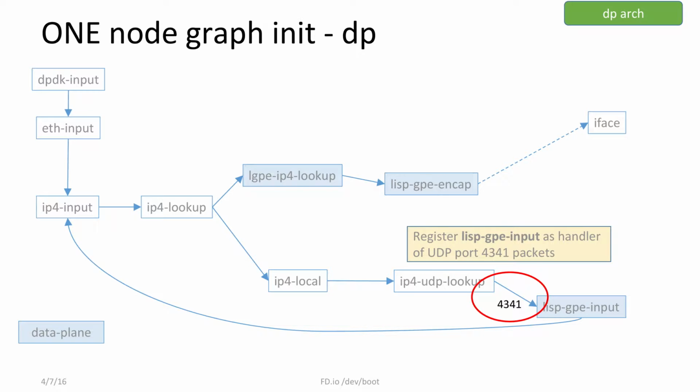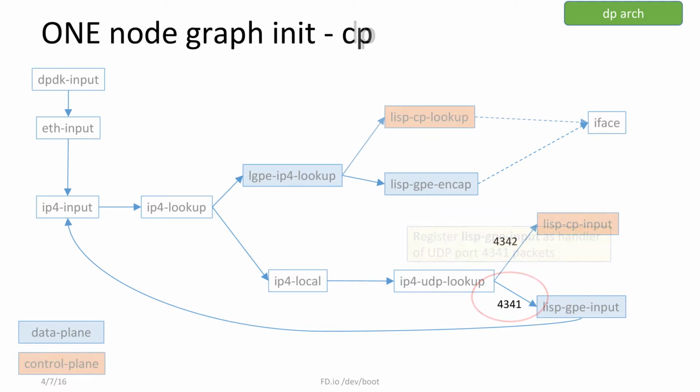And it can be VXLAN, can be anything else. But LISP-GPE just so happens to use UDP port 4341 for data path packets. So everything that comes on 4341, we register for it, and we just get it in LISP-GPE input, which is our decapsulator node. So again, this is just the architecture. We will dive a bit into the code in some minutes.